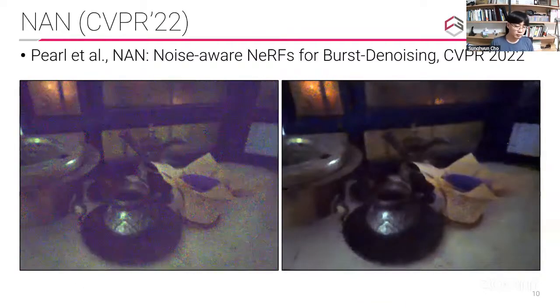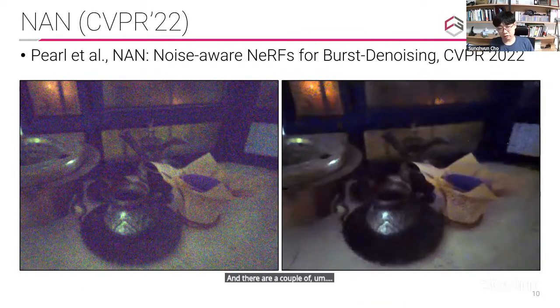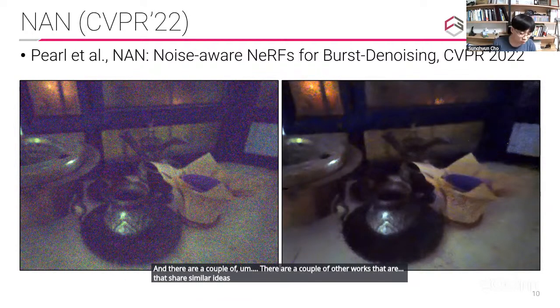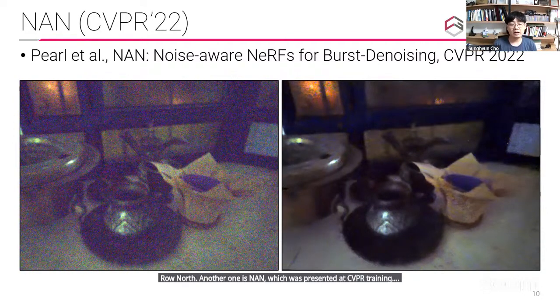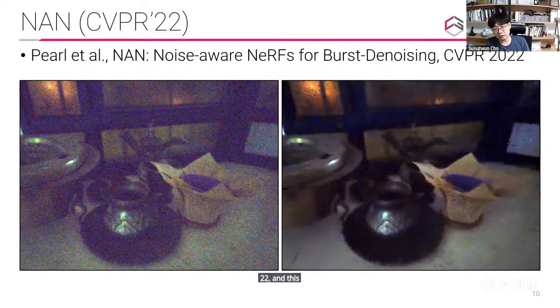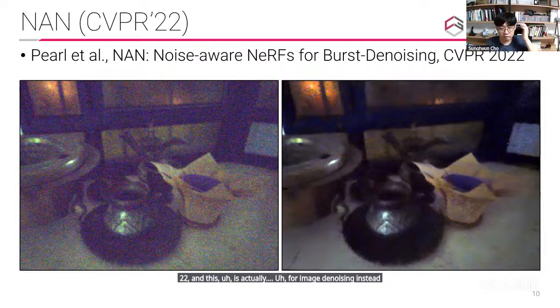And there are a couple of other works that share similar ideas to RawNeRF. Another one is NAN, which was presented at CVPR 2022. And this is actually for image denoising instead of NeRF.